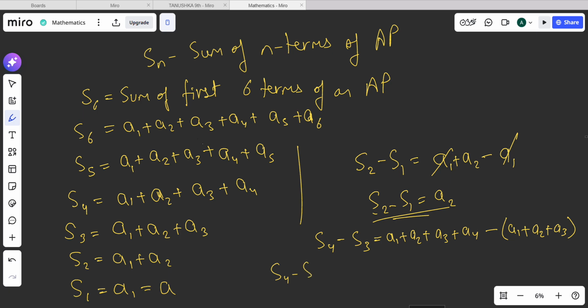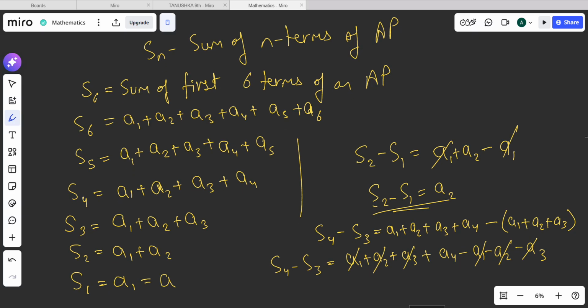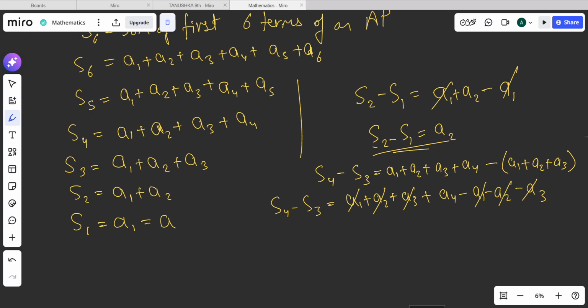So S4 minus S3 will be A1 plus A2 plus A3 plus A4 minus A1 minus A2 minus A3. Let's subtract. A1 minus A1 gets cancelled out, and minus A2 and plus A2 also get cancelled out, plus A3 and minus A3 also gets cancelled out. So what I am left with is S4 minus S3 equals what? What are we left with? A4.